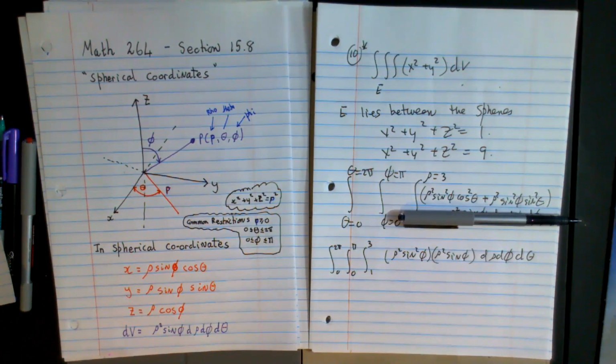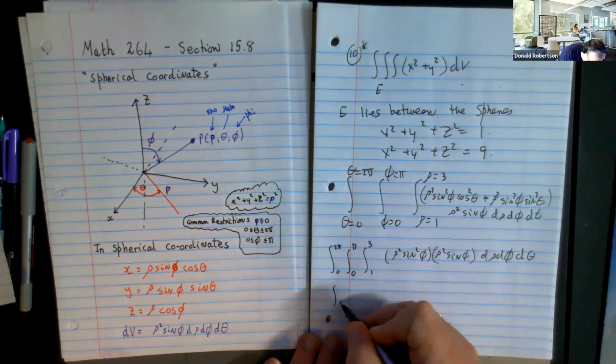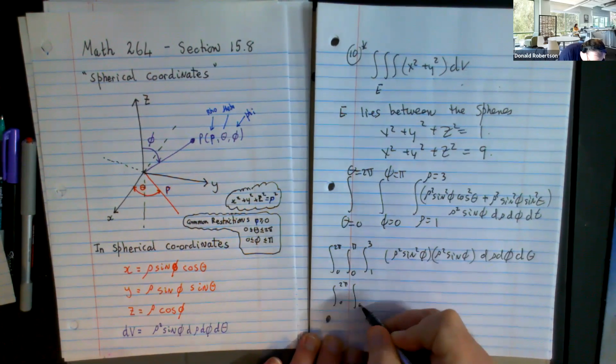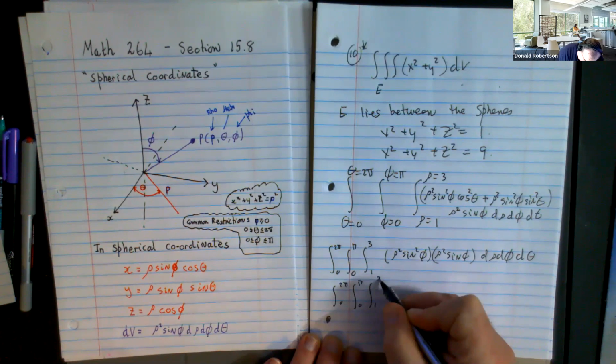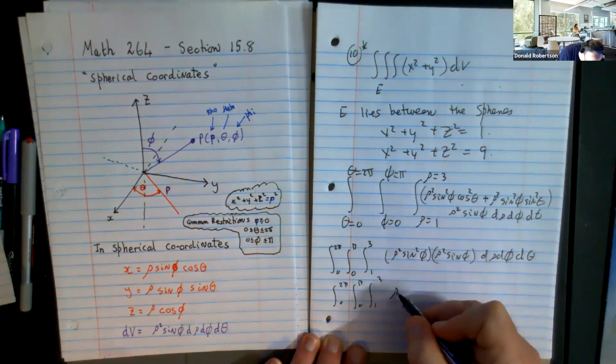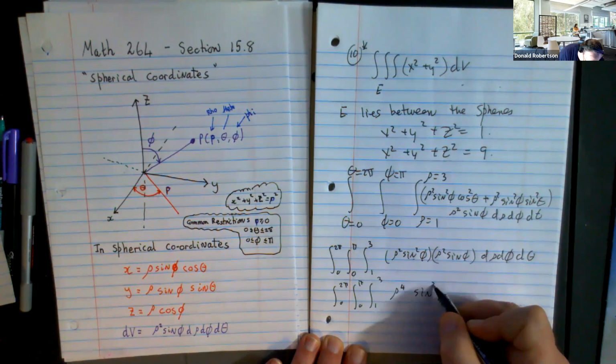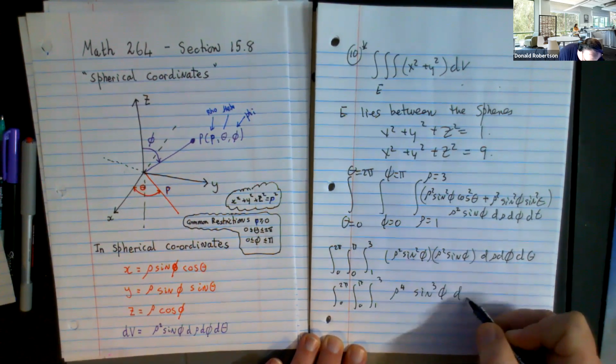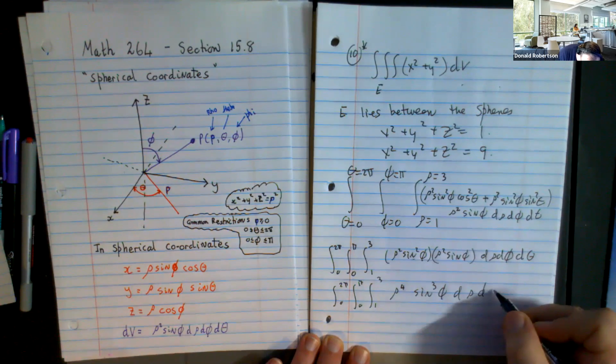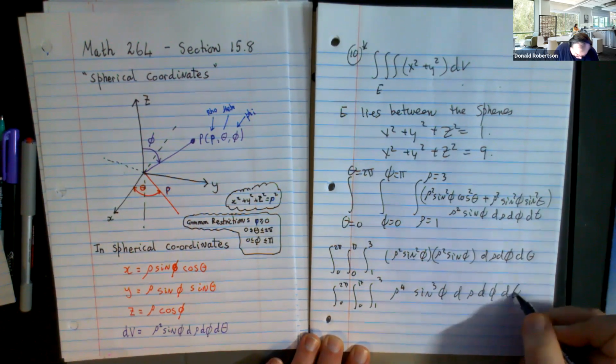Right. Now, not a lot to do, but a little bit more. That and that gets me 4 of these guys. That and that gets me the cube of this guy, d rho, d phi, d theta.